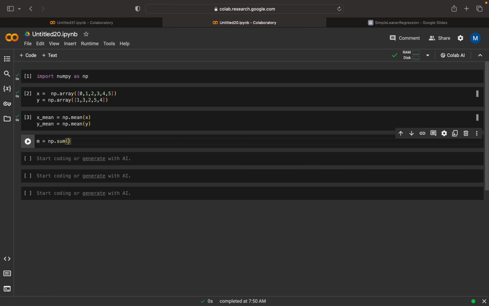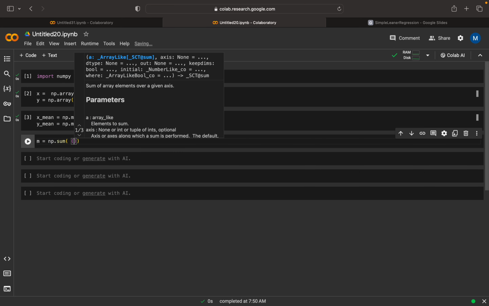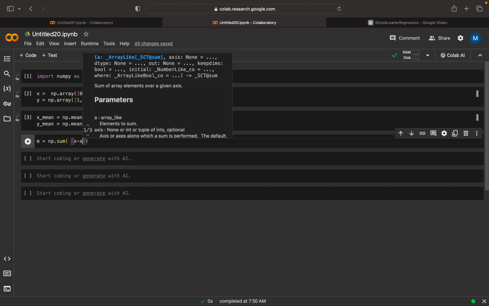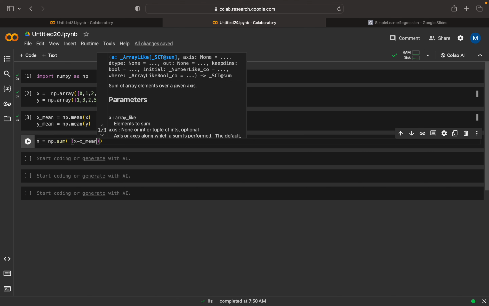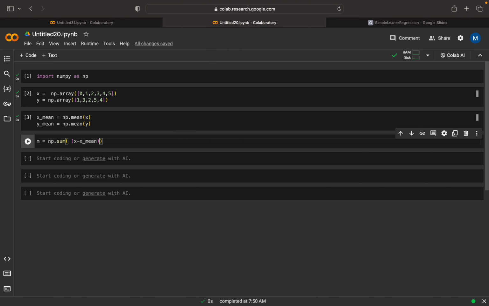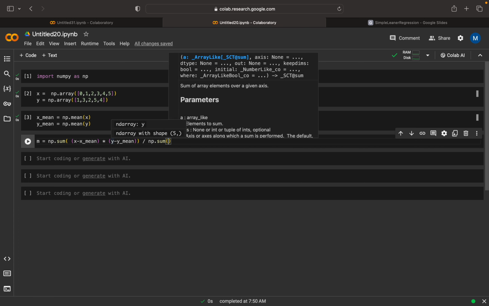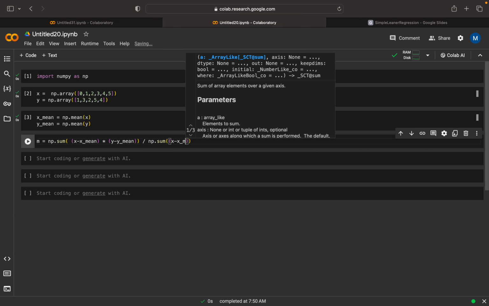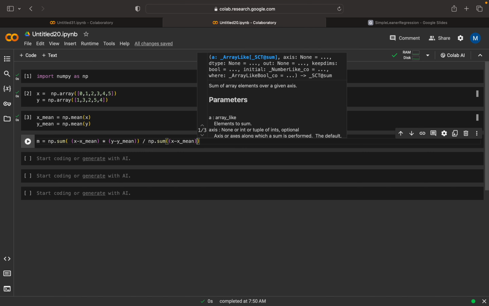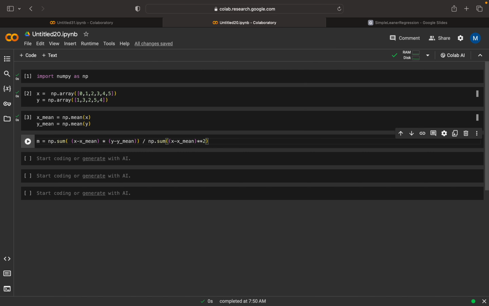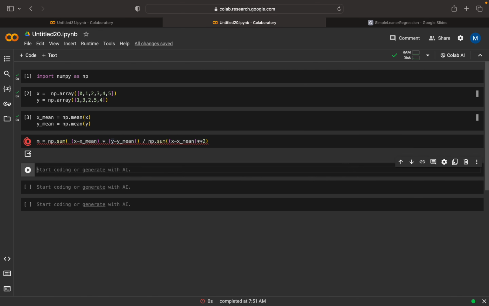So np.sum, I can write it as x minus x mean, multiplied by y minus y mean, and in the denominator we have np.sum of x minus x mean, power of 2. So we will have our m here.